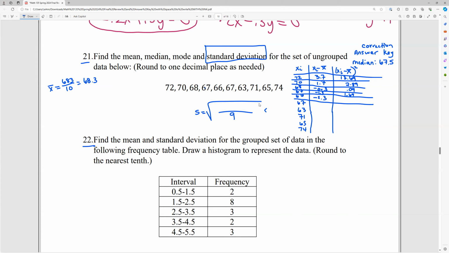That's the difference. And then we square that, and we get 5.29. 67, we already did that one once. That's a repeating value. So that's going to be a negative 1.3 again and a 1.69. 63 is a new one. So 63 minus 68.3, that's going to be negative 5.3. We square that, and we get 28.09.